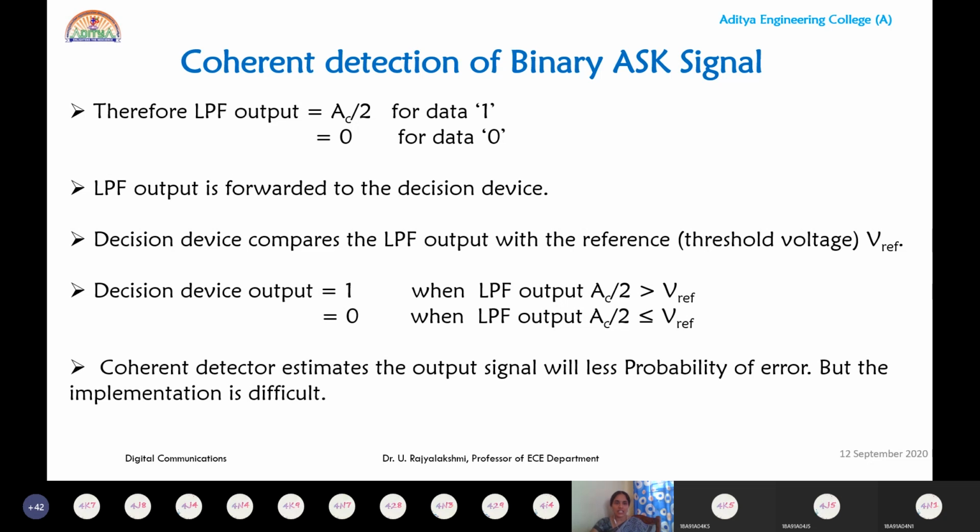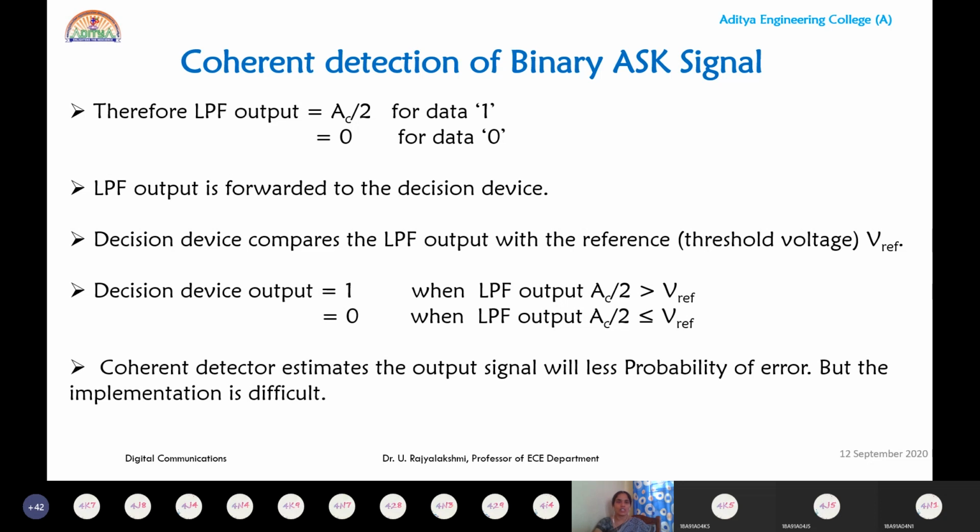But the receiver implementation is difficult compared to non-coherent detection. Coherent detection implementation is somewhat difficult, but it generates less probability of error because we are using a synchronous carrier.